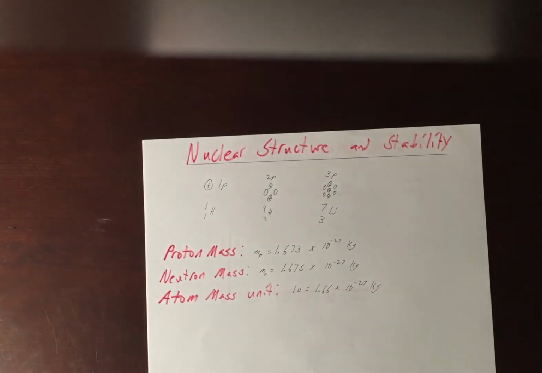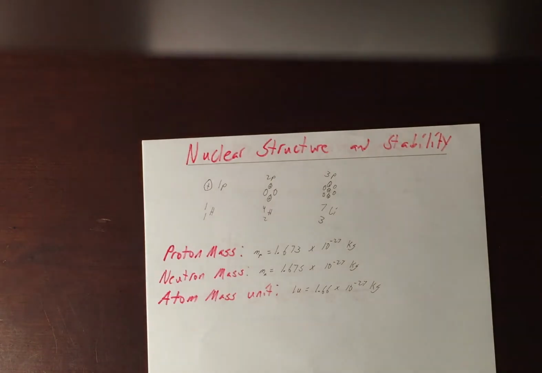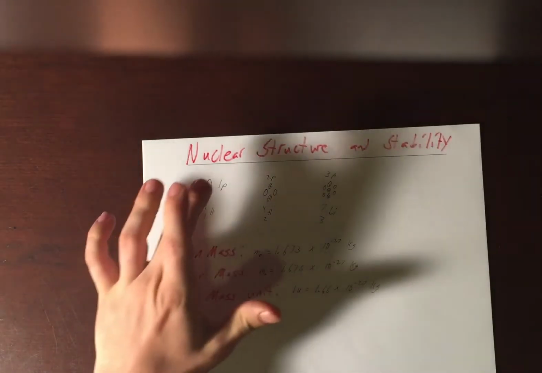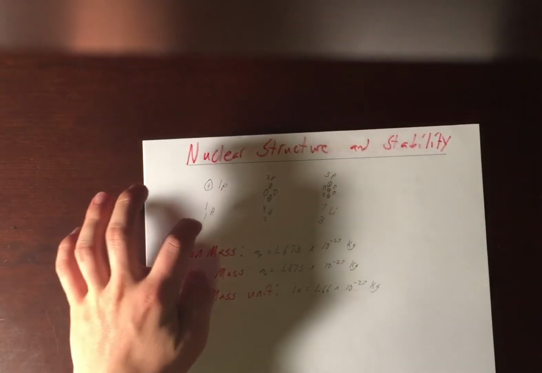Next we have nuclear structure and stability. As you can see here, you can have hydrogen in two different states, either with just one proton and no neutrons, or two protons and two neutrons, and you can see how to write them.